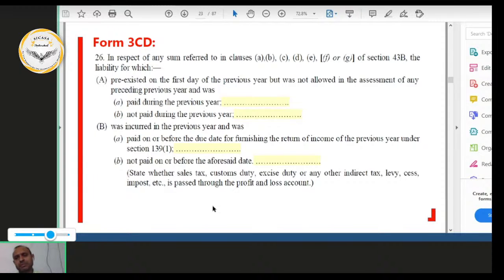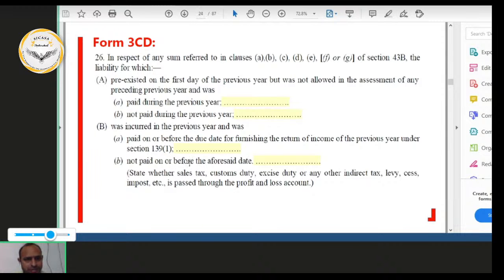Whatever amount is not paid will be cross-examined with the ITR form, and if it is not made as a disallowance, he will make the disallowance. In part B, when I am explaining, I will walk you through the super silly mistakes. Then in part C, I will spend some time on the cross-linking: what clause of 3CD is to be cross-linked with the ITR.